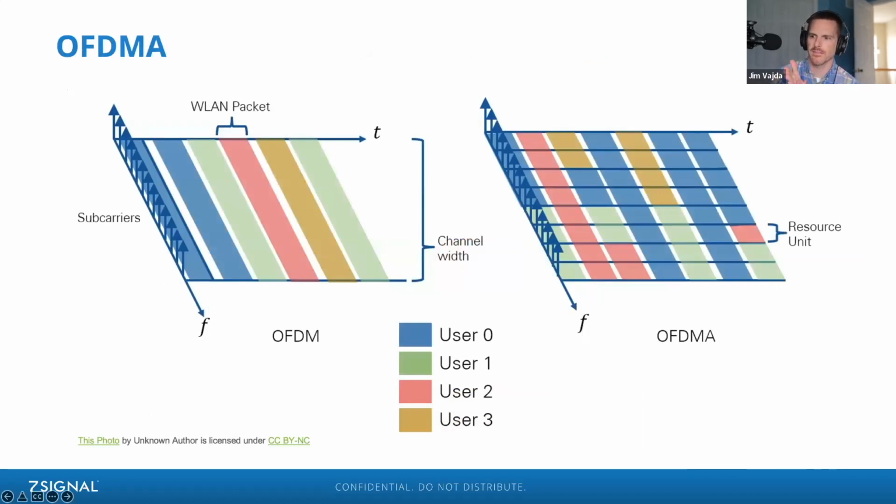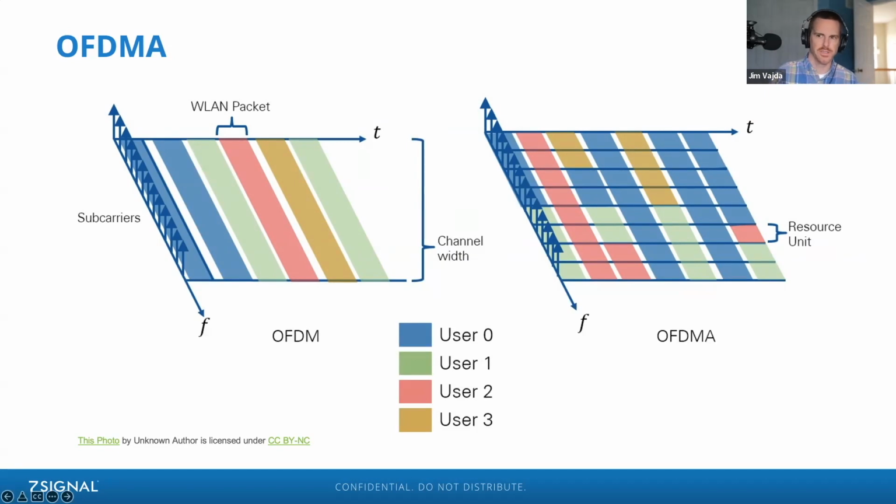Here we've got a graph that shows OFDM, which is how everything has been modulated since 802.11a, and how that compares to OFDMA, which is new for 802.11ax. With OFDM, one user, an AP or client, transmits at a time and owns that whole channel.